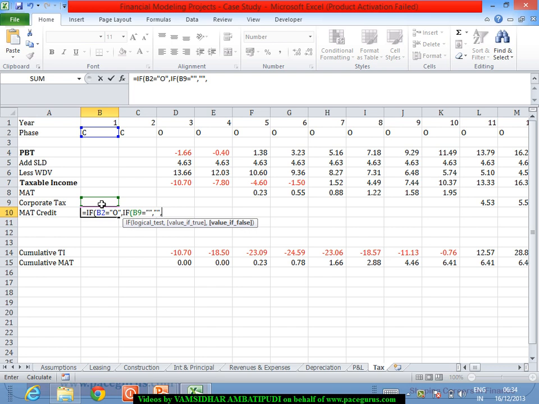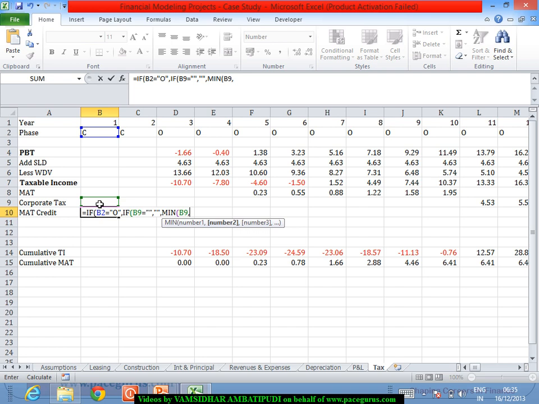But if the corporate tax is not blank, I would look out for the minimum of either the corporate tax for that period or the cumulative MAT minus whatever the MAT credit that has happened earlier.